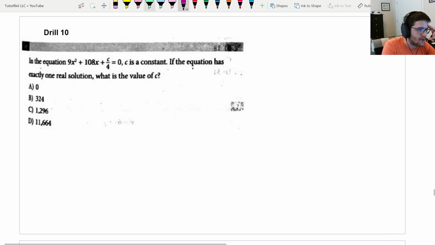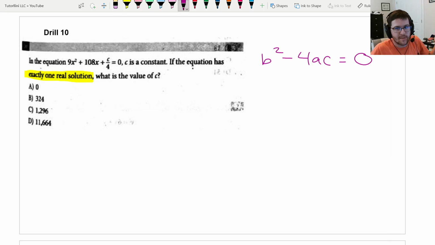When you have quadratics and they tell you about solutions, they're testing you on the discriminant. I made a YouTube short about this, so I'm just going to gloss over it. You can go watch that in the YouTube short section. When we have one real solution, b squared minus 4ac has to equal 0. That's what they're testing you on here. It's just something you've got to know.